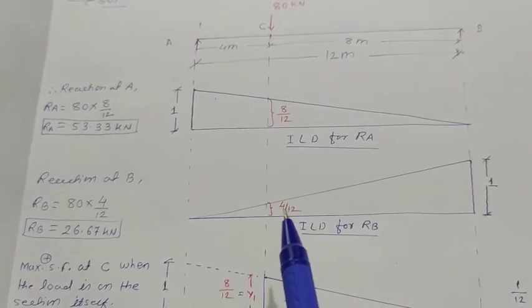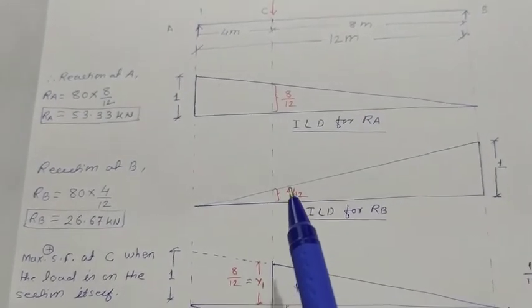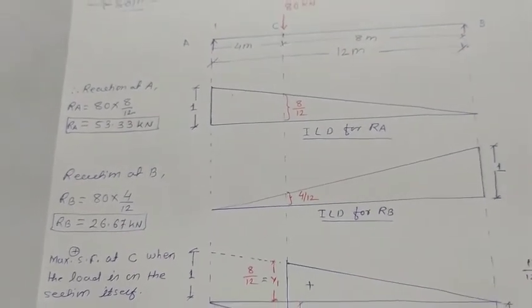This ordinate becomes 4 by 12, or you can find it using the symmetry of triangles. So this is my influence line diagram for RB.